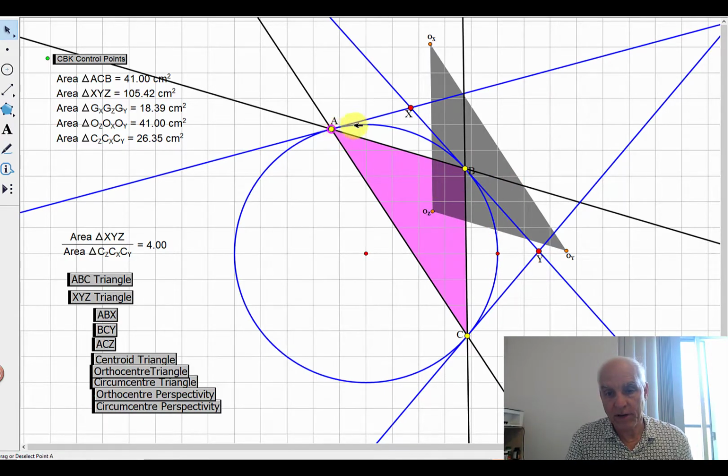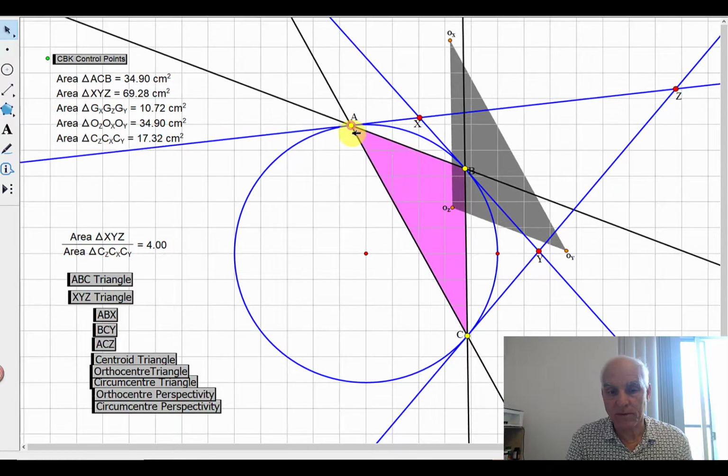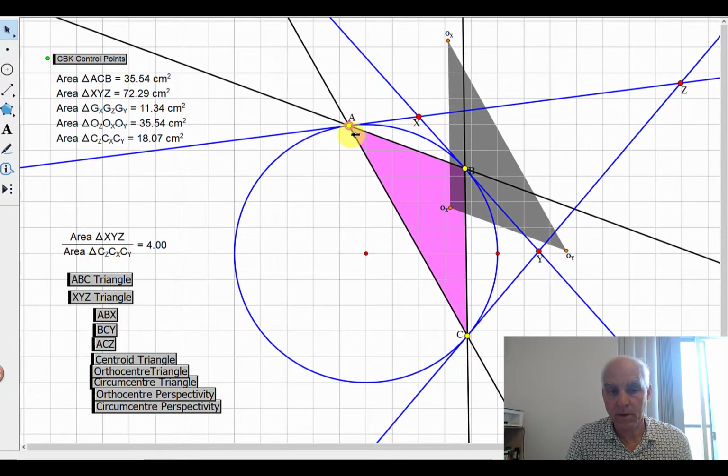But otherwise, they are congruent. It's quite cool. And of course, we can see that over here. The areas are the same, but the congruence is not so obvious at all.